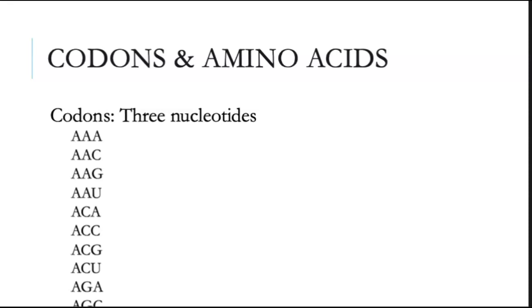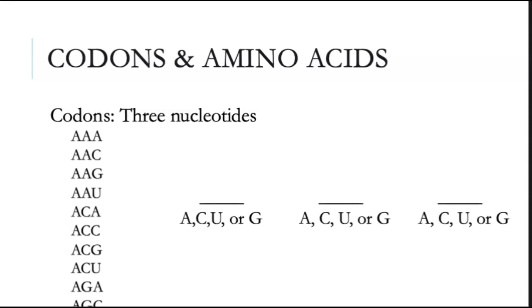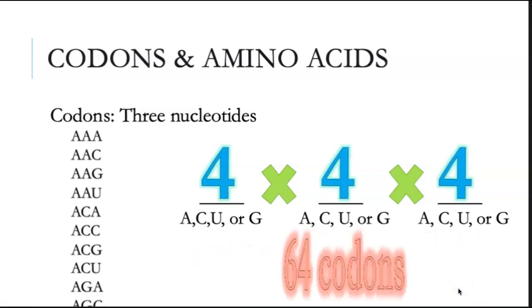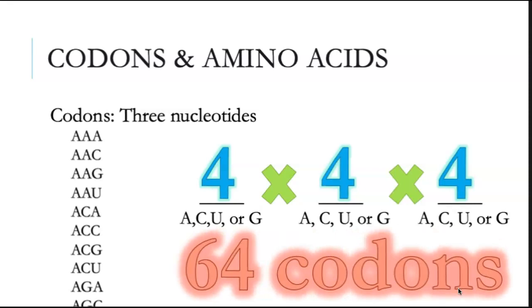We know that every codon is made out of 3 nucleotides, and there are 4 possible nucleotides that can go in each position, either A, C, U, or G in the first position, A, C, U, or G in the second, and so on. And so all we really need to do is multiply those together. So take 4, because it can be A, C, U, or G, times 4 in the second, times 4 in the third spot, which means there are a total of 64 different codons that are possible.